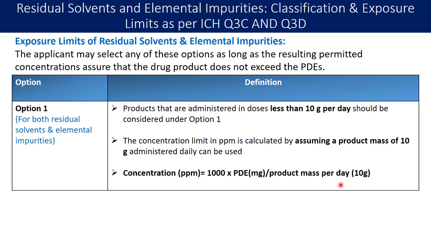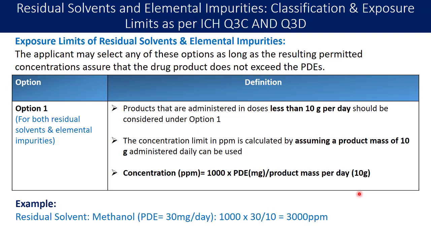So your product mass is fixed now, whether it is actually 1.6 gram as in the earlier example, or 5 gram or 7 gram, it doesn't matter. You have to consider the product mass per day as only 10 gram.